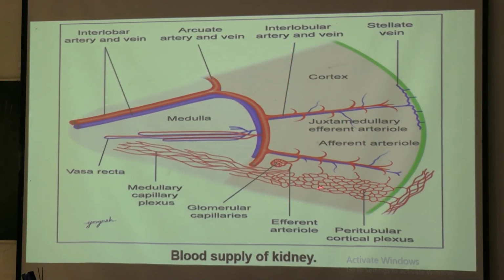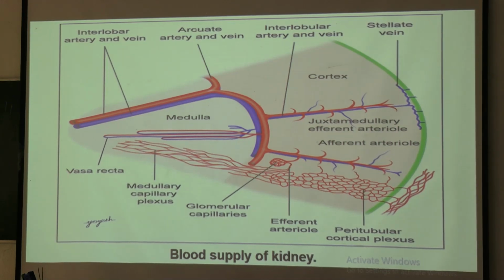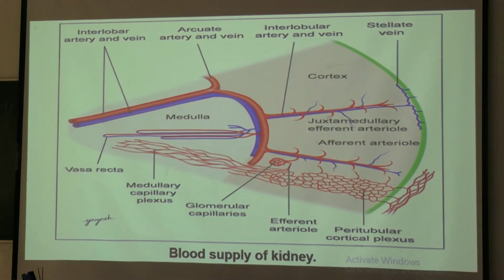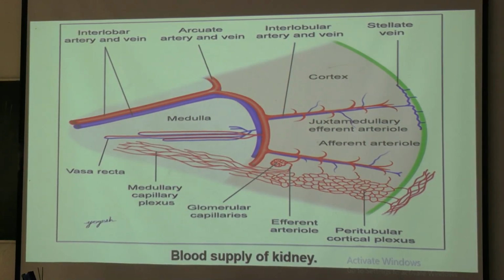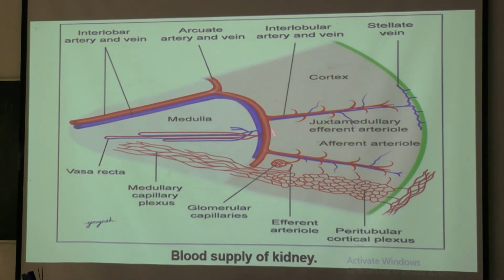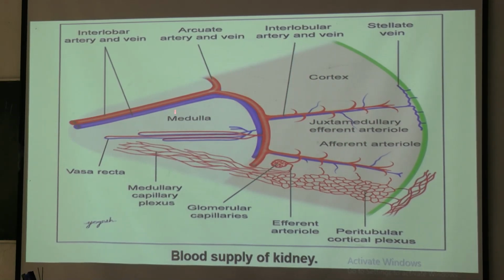Next we go to the blood supply of the kidney. Okay, the renal artery divides into interlobar arteries and veins. They pass through the renal column of Bertin, and just above the renal pyramid they bifurcate into two arcuate arteries.